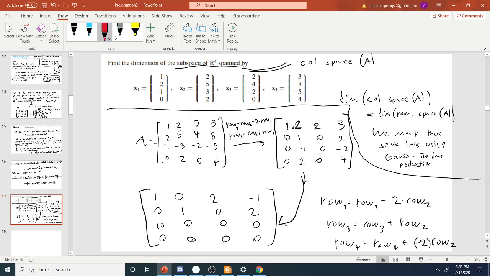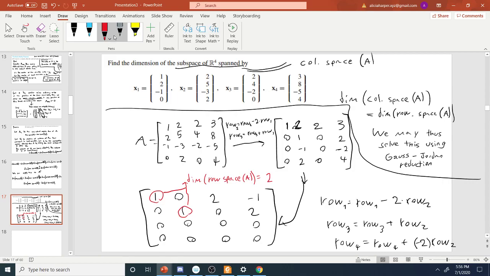So we have 2 1s here, which means we have 2 bound variables. So this implies that the dimension of the row space of A is equal to 2.